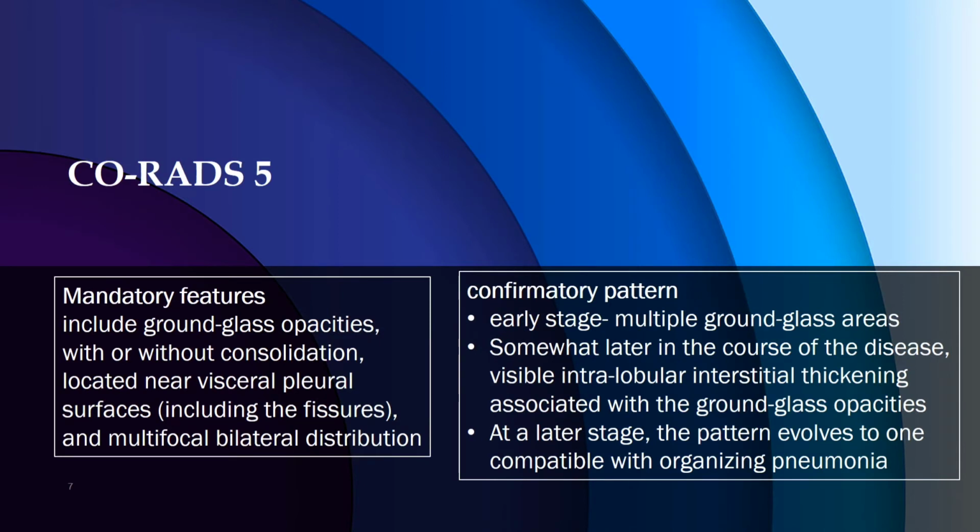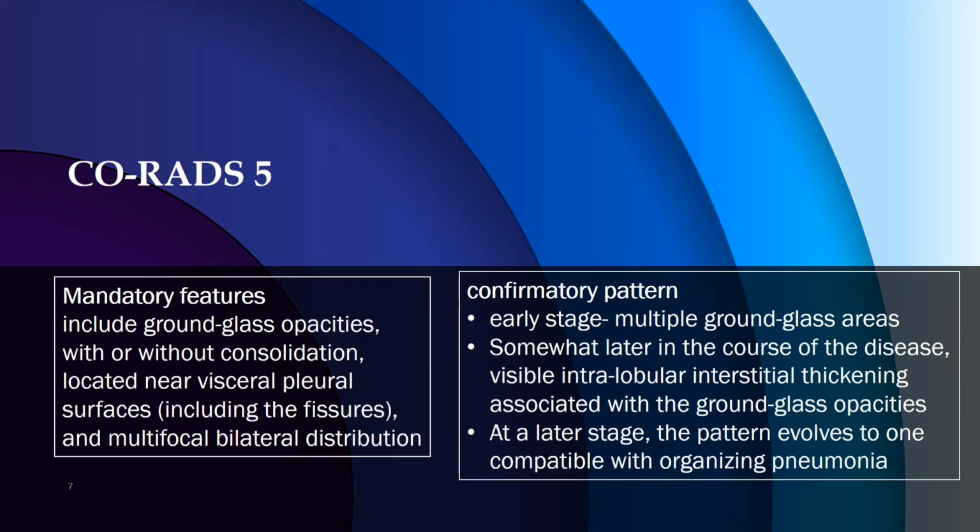Next is CORADS 5. The findings associated with this category can be broken down into two groups, namely mandatory features, which must be present in all cases, and confirmatory patterns of features. At least one confirmatory pattern must be present. Mandatory features include ground glass opacities with or without consolidation located near visceral pleural surfaces, including the fissures, and multifocal bilateral distribution.